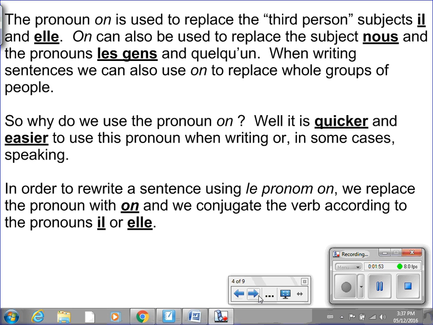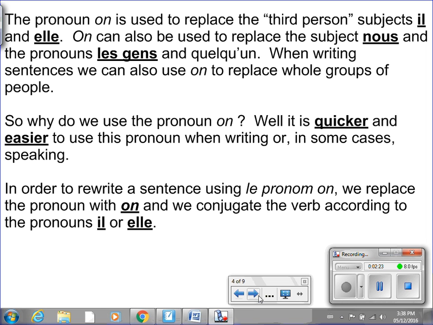So for now, I'll just read it to you guys. The pronoun on is used to replace the third person subjects il and elle, him and her. On can also be used to replace the subject nous and the pronouns les gens and quelqu'un. We already know that nous means we, and les gens means the people or people, and quelqu'un means someone or somebody.